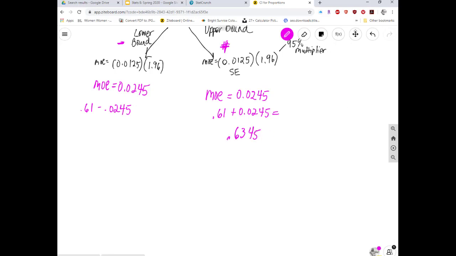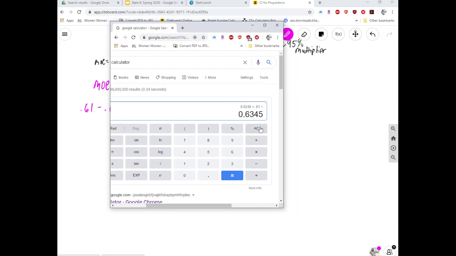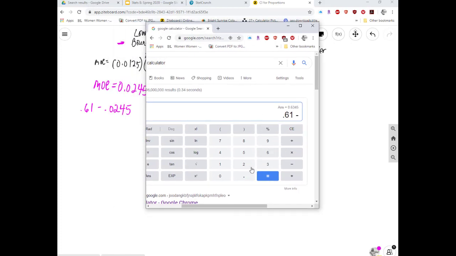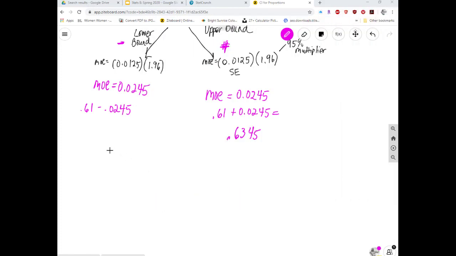And on the other side, I'm going to subtract it, 0.61 minus 0.0245 equals, and I'm going to get 0.5855. So this is equivalent to 63.45%, and this is equivalent to 58.55%. What does this tell me?